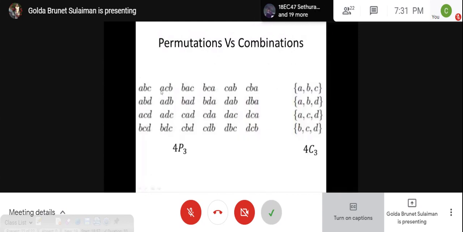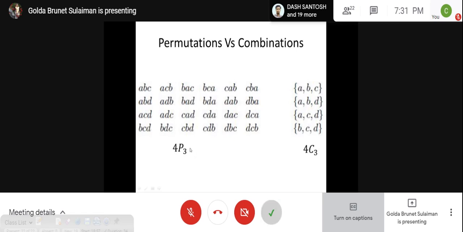So here, how did you arrive at this 24? It is 4P3. Simply apply the formula. So it is 4 factorial divided by, out of 4 you are choosing 3, right? So it is 4 factorial divided by (4 minus 3) factorial, which is 1 factorial.